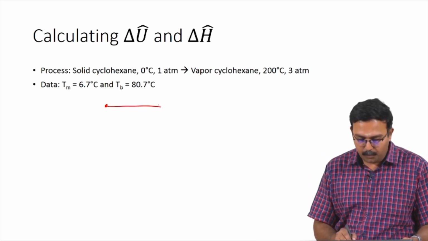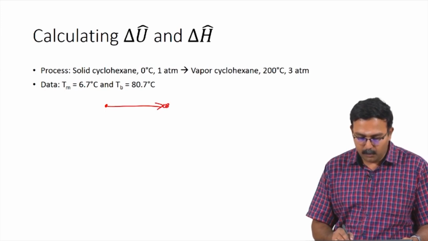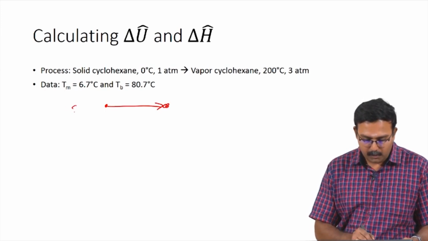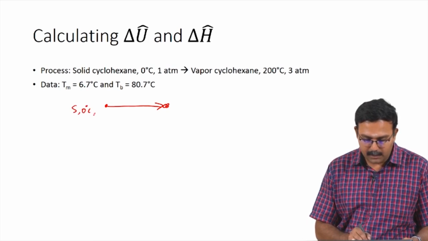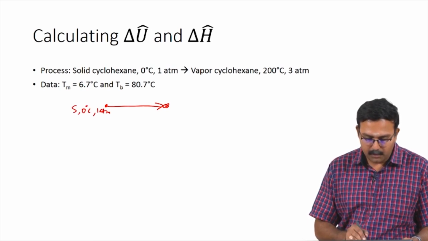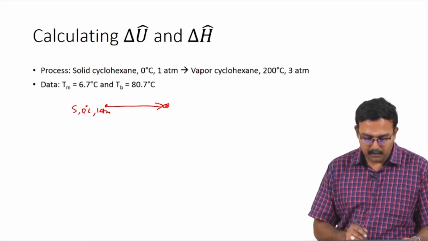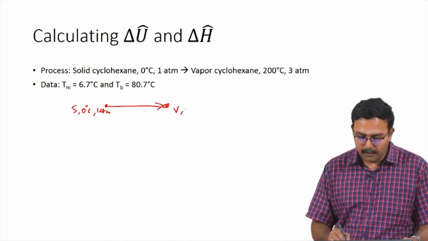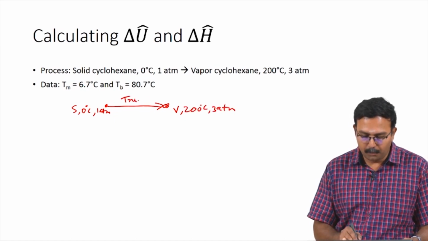So, the real true path is this, where you go from initial, which is solid 0 degree Celsius and 1 atmosphere. From here you go to vapor 200 degree Celsius and 3 atmospheres. So, this is the true path.